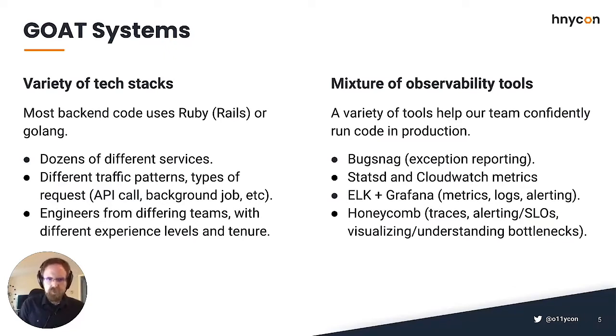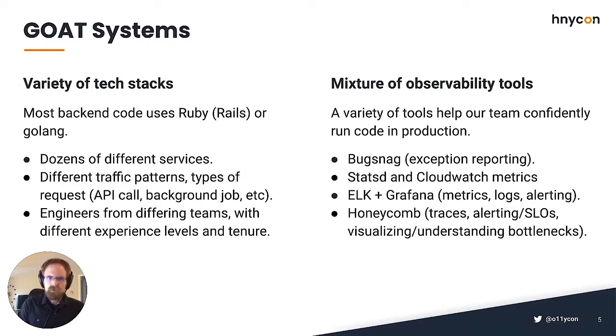And similarly, on our team, there's also a good amount of variety. We have engineers running the gamut, both in terms of experience in general and in terms of tenure specifically at Goat. We have a number of engineers who have just recently graduated college, maybe have not had to think about observability or used very many tools around that.